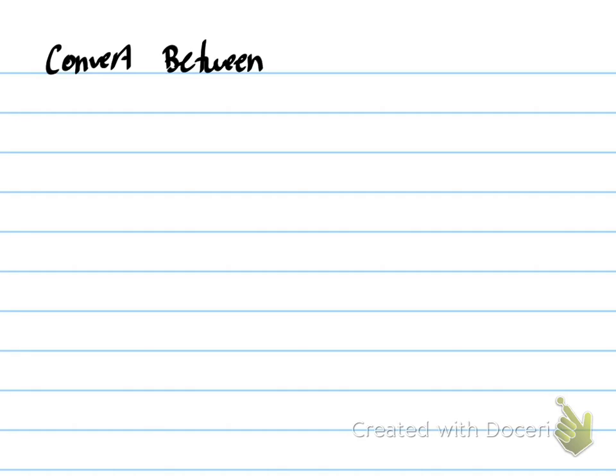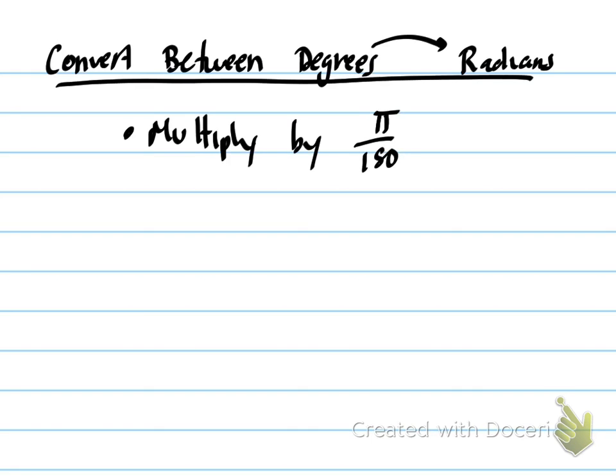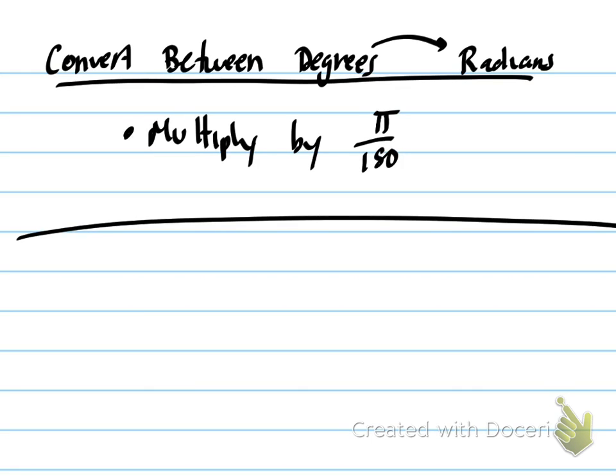If I wanted to convert from degrees to radians, I'm going to have to multiply by pi over 180. That's how you would convert from degrees into radians. So there's our first rule for the day.